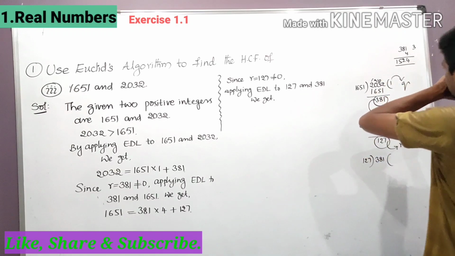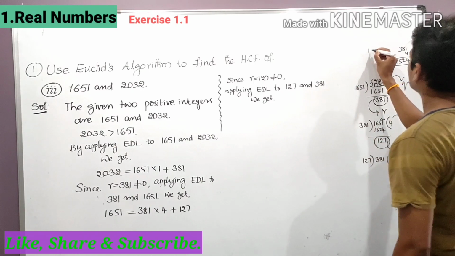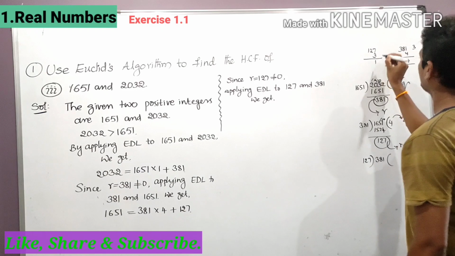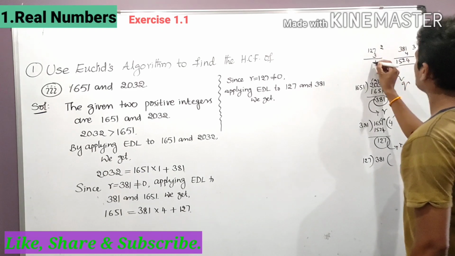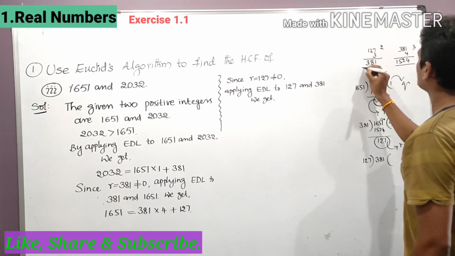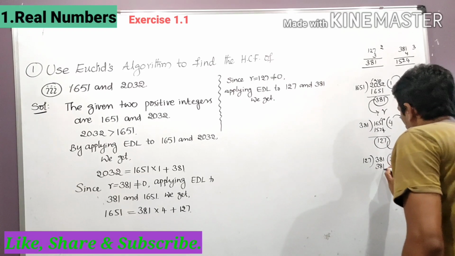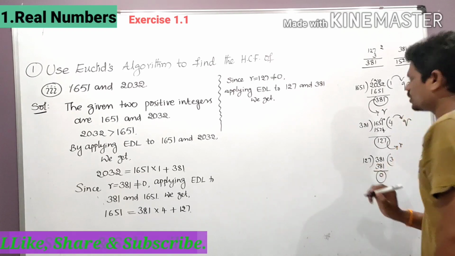Just check, student, whether it goes 3 times or not. 127 into 3: 3 7s are 21, 3 2s are 6 plus 2 is 8, 3 1s are 3. Yes, exactly it goes, student. 127 into 3 is 381. So if you subtract, the remainder is 0.